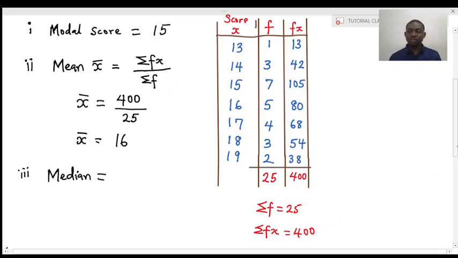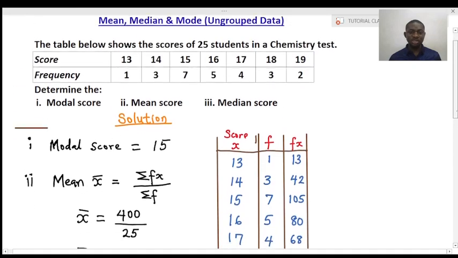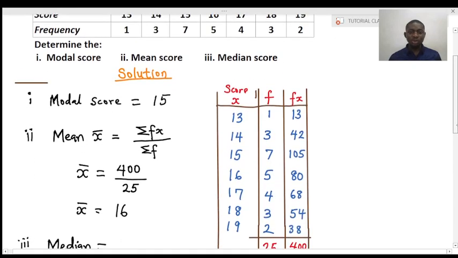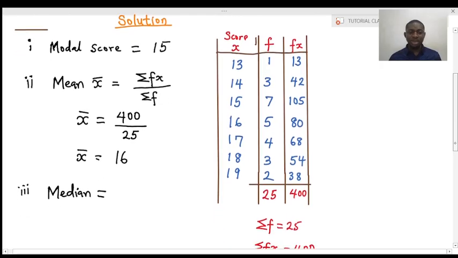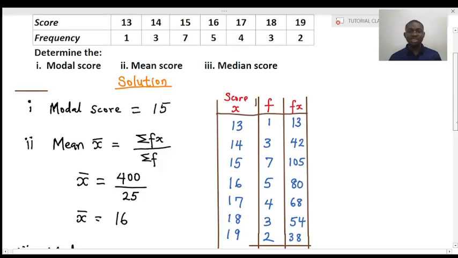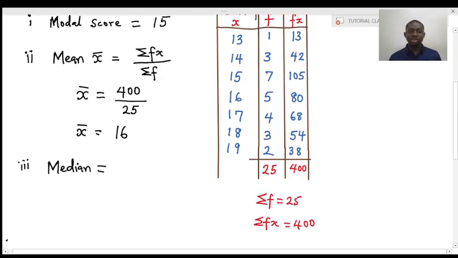But in a situation where the table has already been given to us, what we need to first do is to determine the median position so that we can get the middle value. The median position is equal to n plus 1 divided by 2, where n is the total frequency, which here is 25.